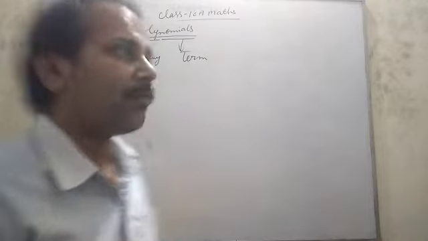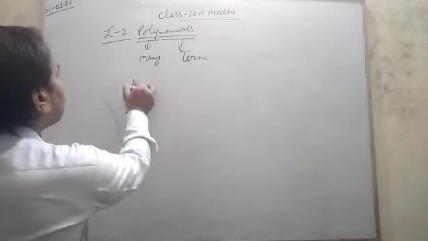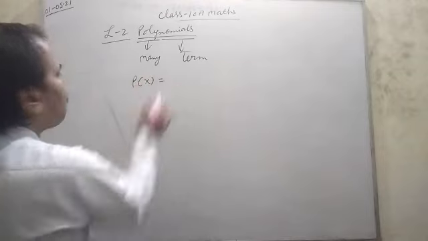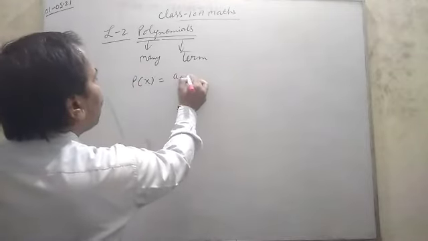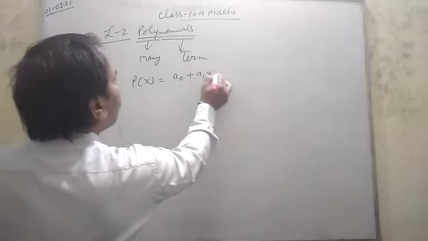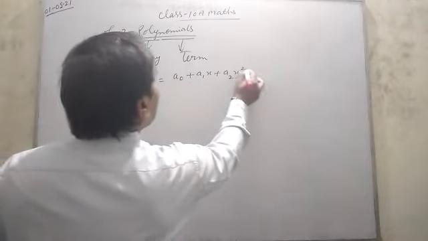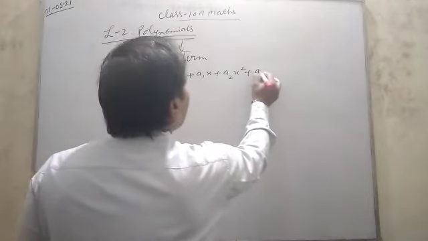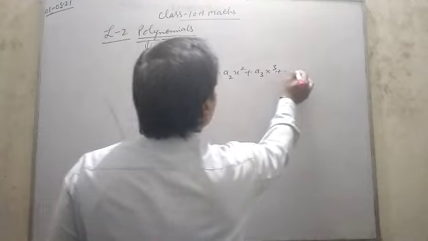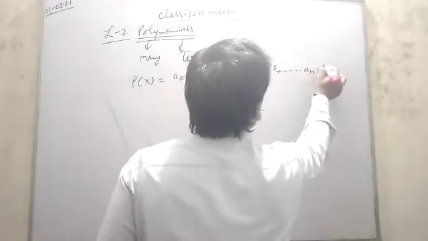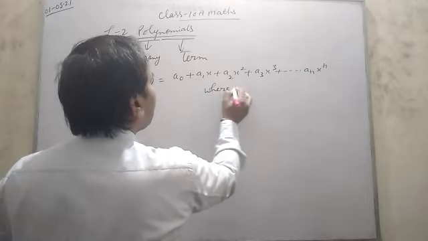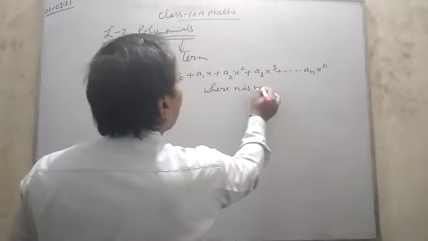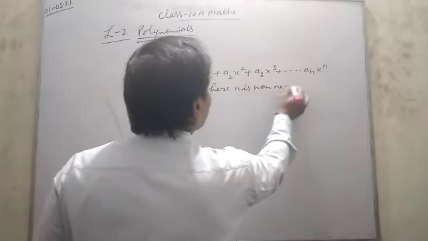Polynomials are generally represented by p(x), and their general form is a0 plus a1x plus a2x square plus a3x cube plus dot dot a n x power n, where n is a non-negative number.